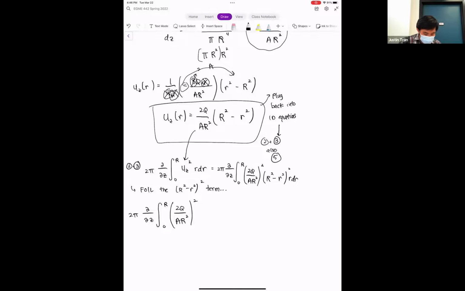We perform that FOIL, and I'm also going to take the little r and bring it in as well. That's going to be big R to the 4th times little r minus 2 big R squared little r cubed, plus little r to the 5th, dr.